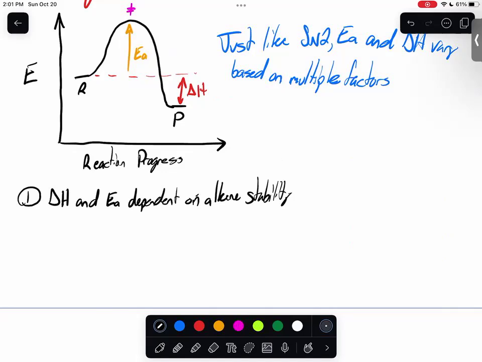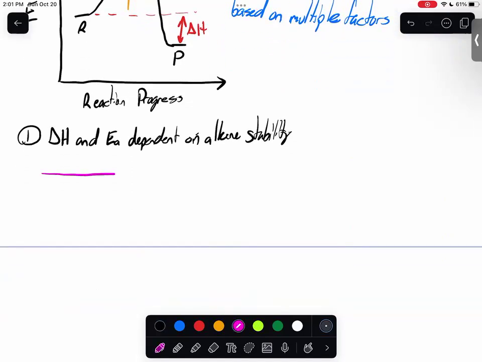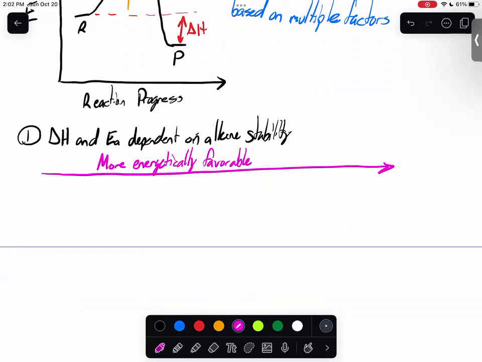right? Essentially, what we're looking at is as we move from regular alkenes to ones that are more energetically favorable, we see a big difference in our reaction. Because for something like a monosubstituted alkene, right, our activation energy is going to be higher.